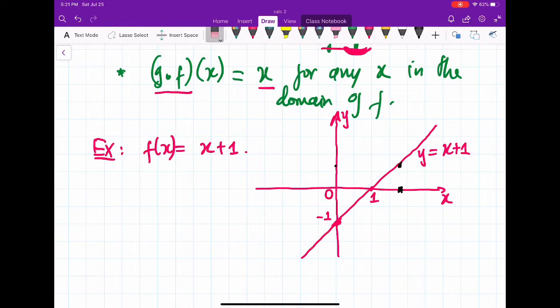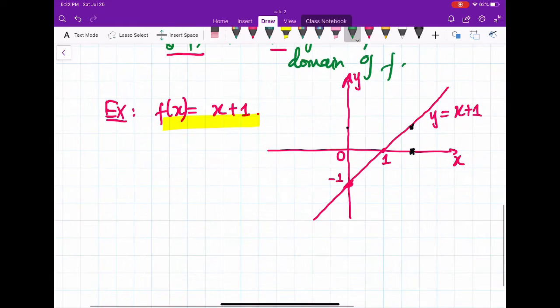Let's consider the following simple example. You have the function f of x equal to x plus 1. Let's find the inverse of this function if it is possible. From the definition of this function, we can see that this function sends x to x plus 1, so that is just about addition.